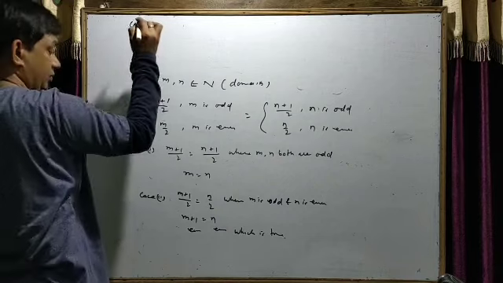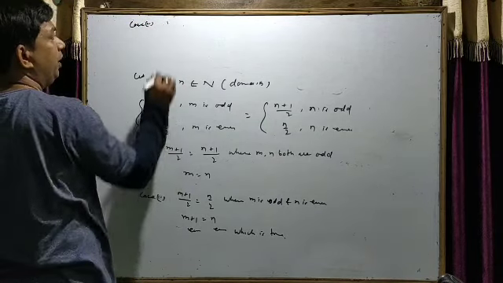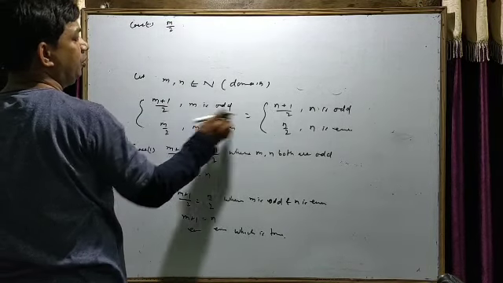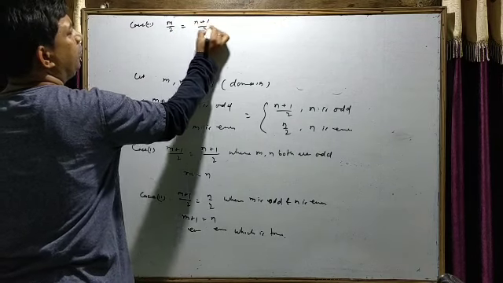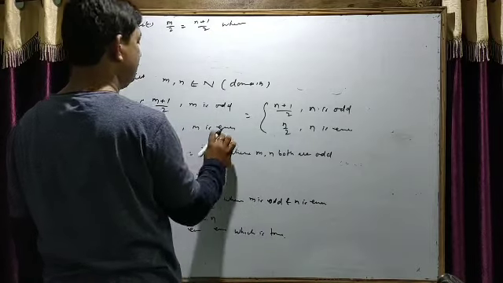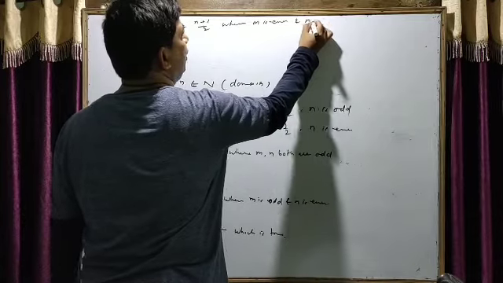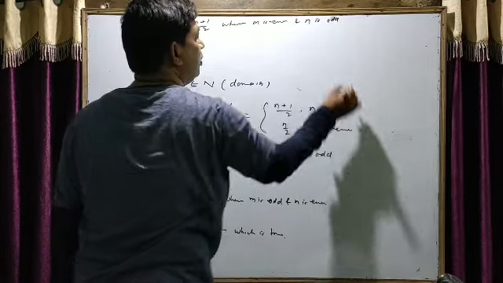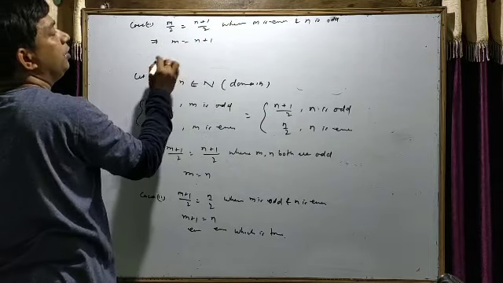Case 3: m/2 equals (n+1)/2, where m is even and n is odd. So this implies m equals n+1.